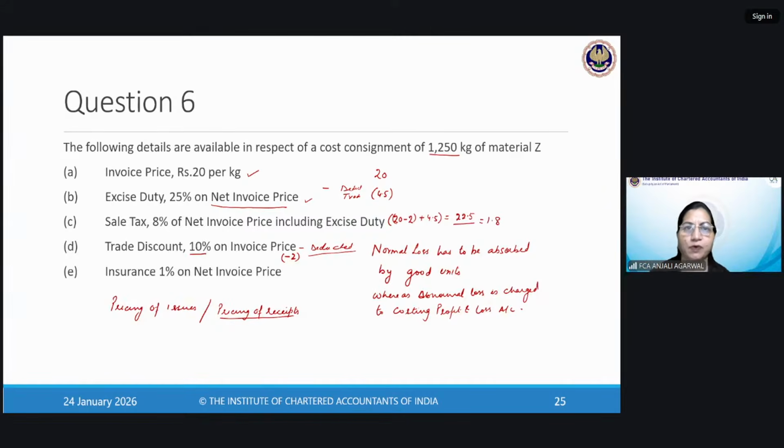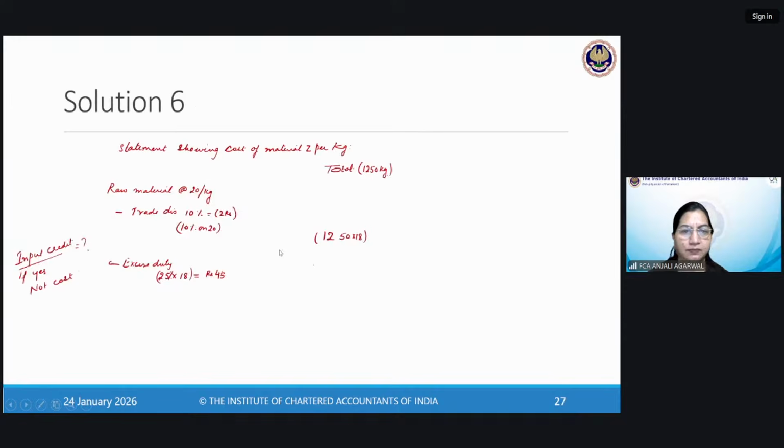Sales tax would be 1.8. You can calculate this in a working note and show it there. So 1250 into 1.8 would be the cost of sales tax also.